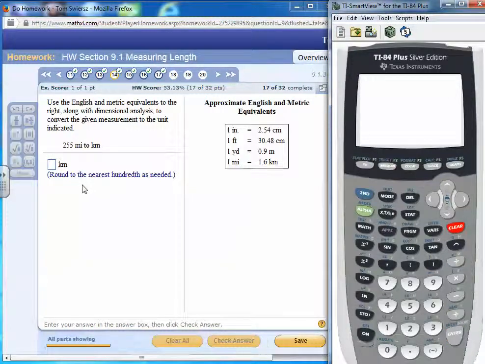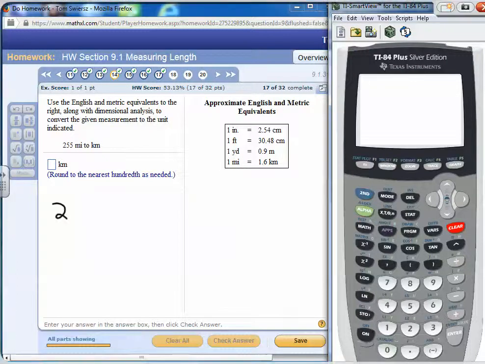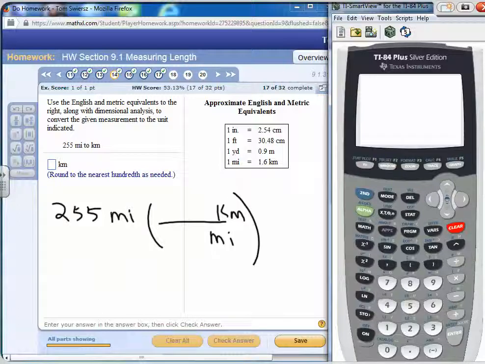All right, 255 miles to kilometers. Let's do problem number 14. We have 255, MI stands for miles. Okay, we want to convert to kilometers. Miles we want to cancel, that goes in the denominator.